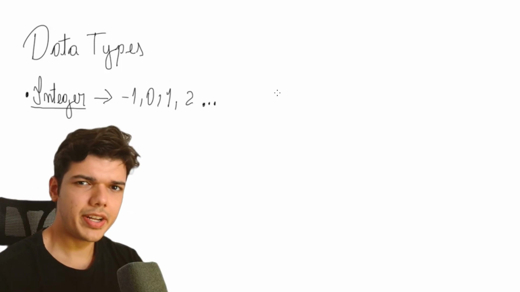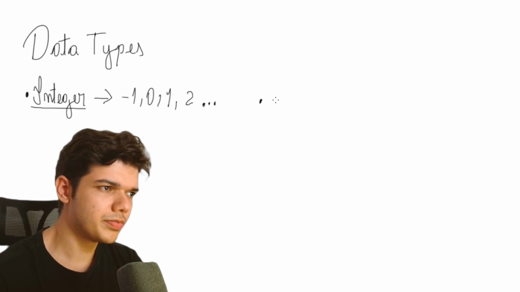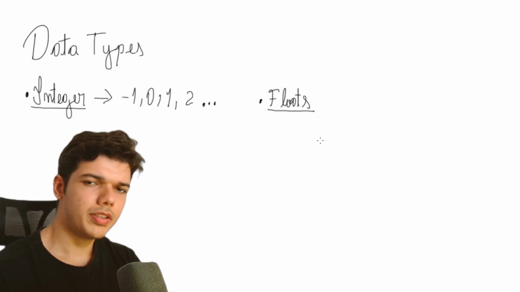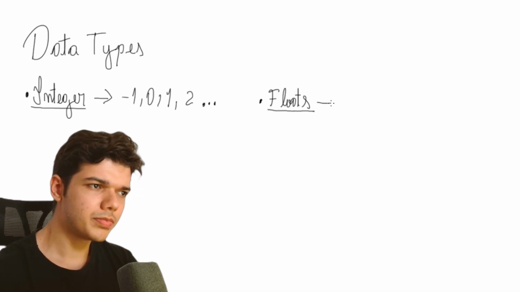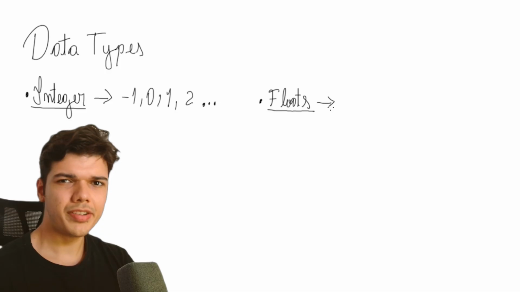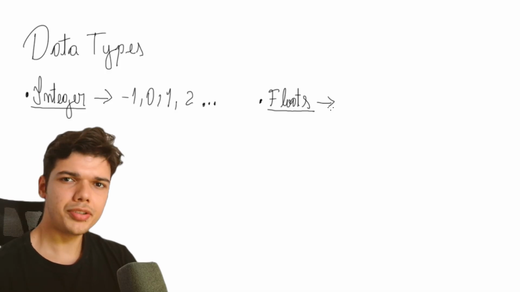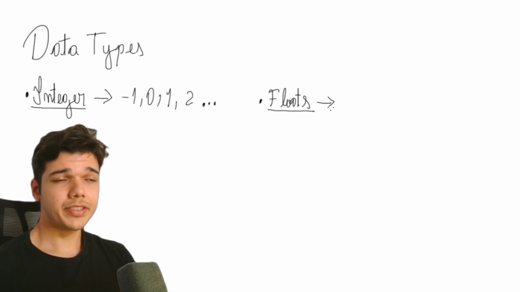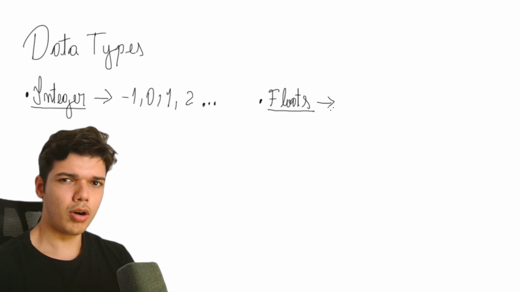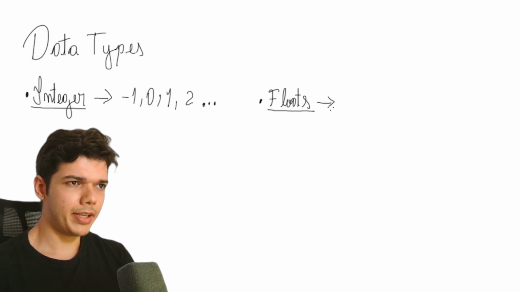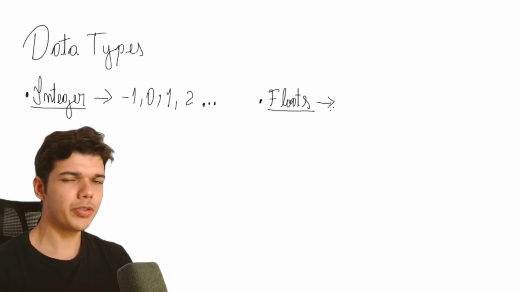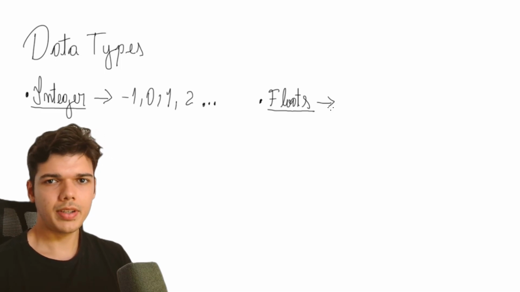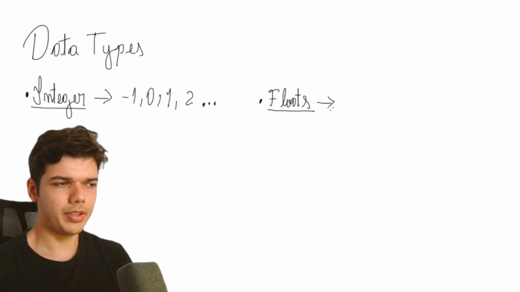The next data type are the floats. They are also numbers, but they include decimal places and are used for more precise numbers that are not exactly whole numbers, like character movement speed, jump heights, and the time remaining in a timer.